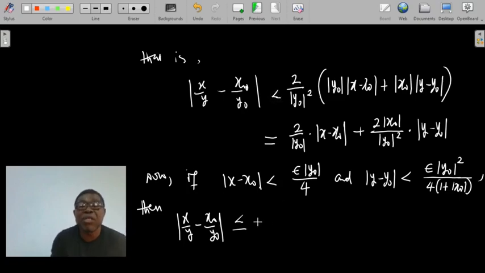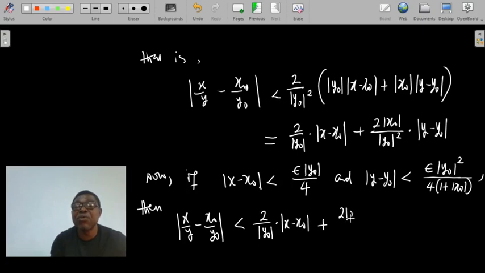So what I have is that this will be less than 2 over absolute value of y naught times absolute value of x minus x naught, then plus 2 absolute value of x naught over absolute value of y naught all squared, then times absolute value of y minus y naught.